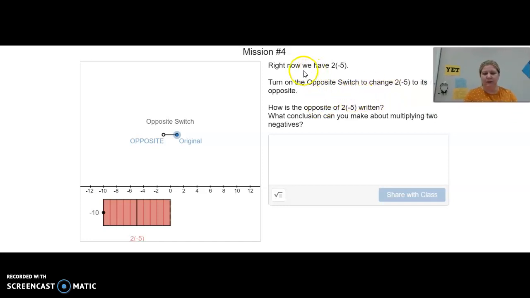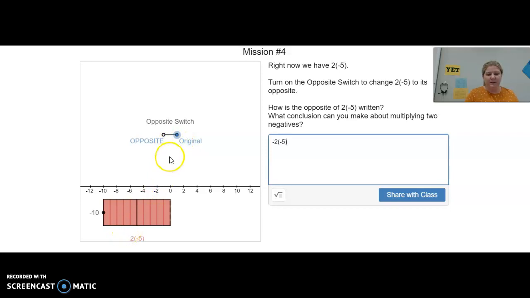Now we're going to do, here we have 2 groups of negative 5. Turn on the opposite switch to change 2 groups of negative 5 to its opposite. Oh my goodness. The opposite of 2 groups of negative 5. Okay, I think that's what it's going to look like. Let's try it out.